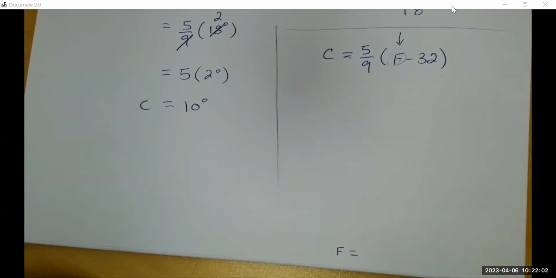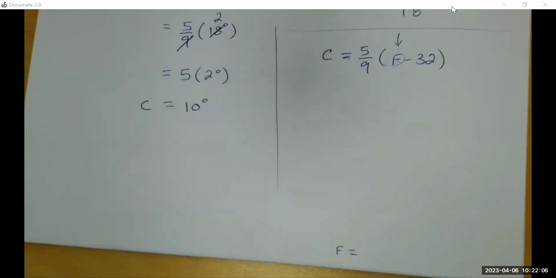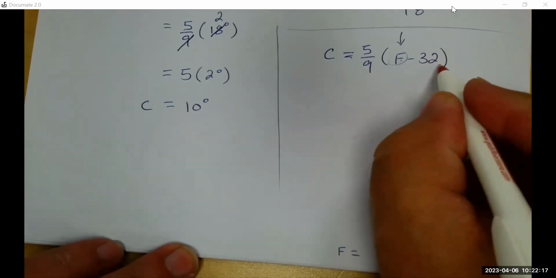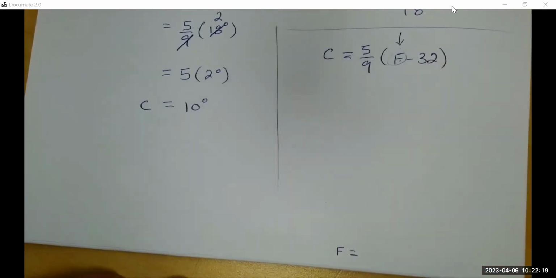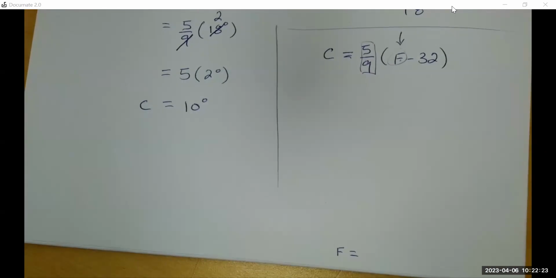How would you do it? What do you have to get rid of first? Since F is inside the parentheses, we have to get rid of everything outside the parentheses. So get rid of 5/9. How do you do that?